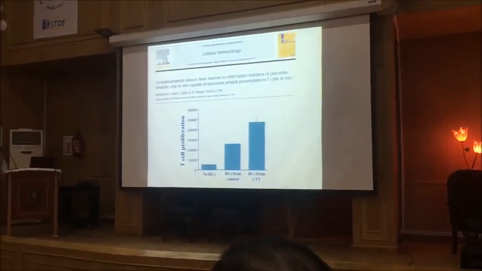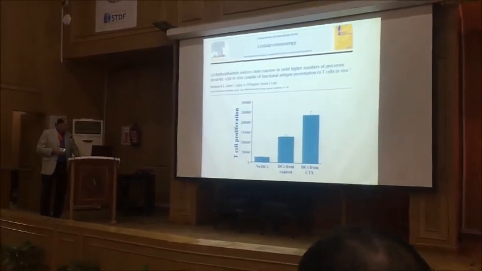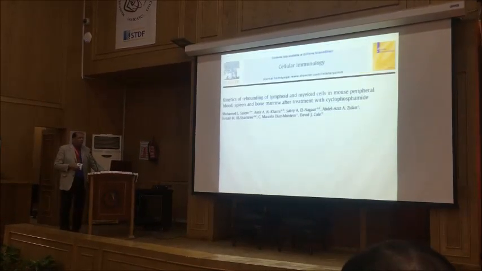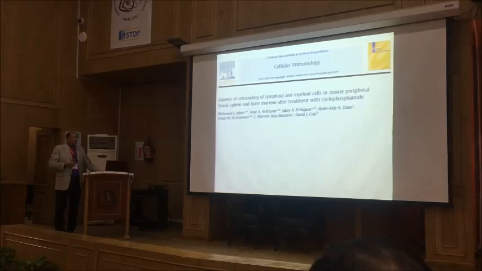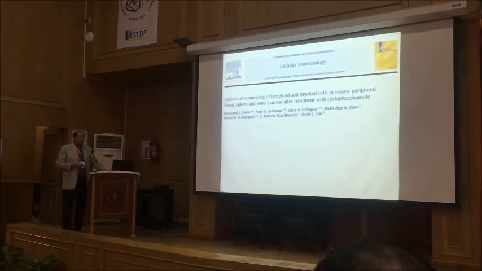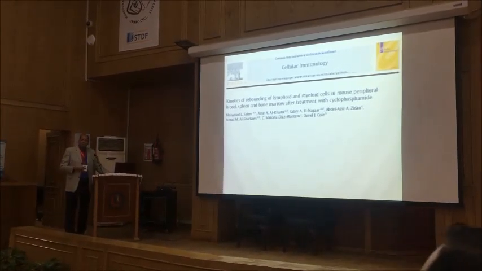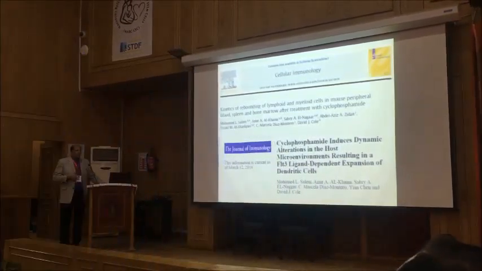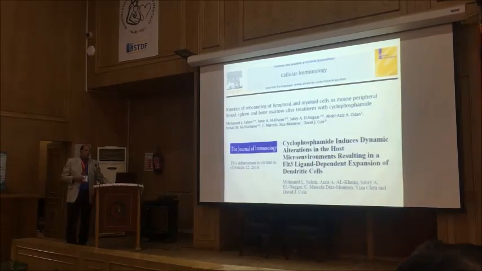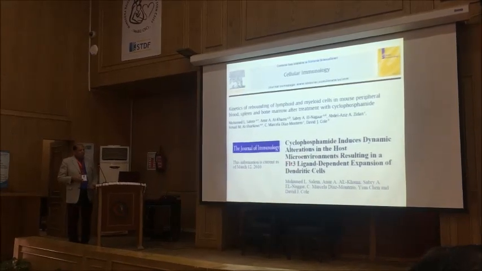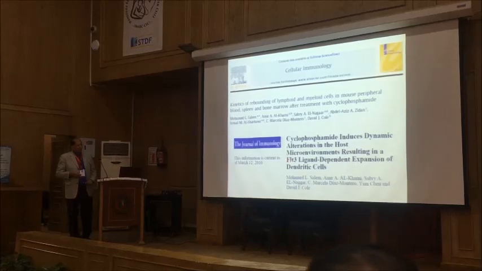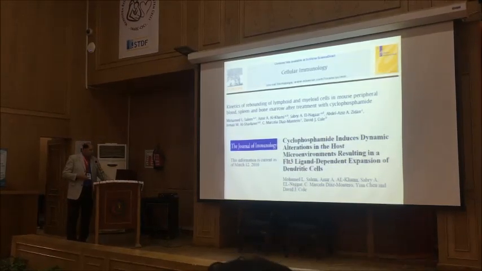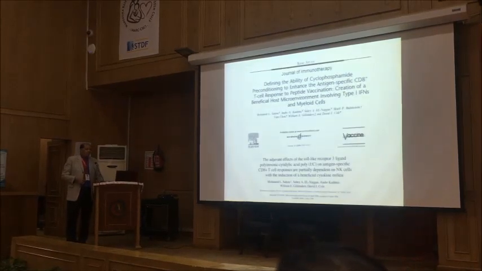We were able to turn them into natural dendritic cells with poly I:C, which is a toll-like receptor 3 agonist. Then came another series of publications on the kinetics of rebounding of lymphoid and myeloid cells, the dynamic alteration and the molecular mechanism, and we determined the very important role of the FLT3 ligand, which mobilizes stem cells from bone marrow to peripheral blood.